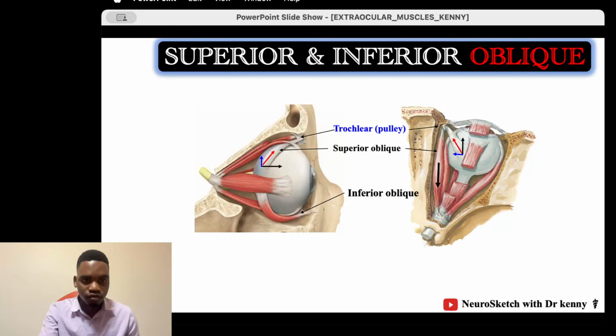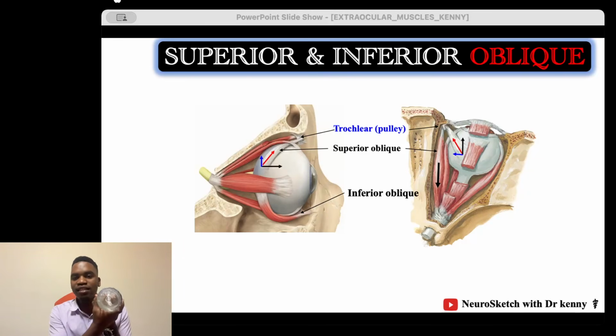So we have the force that is pulling this point upward, and we have the force that is pulling this point horizontally. So here's what happens, guys. This is the globe. This is the eye. Is it to the right?